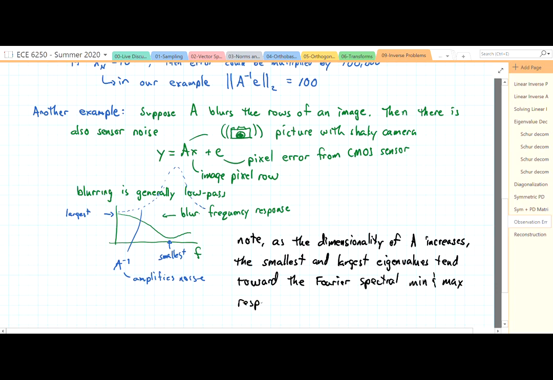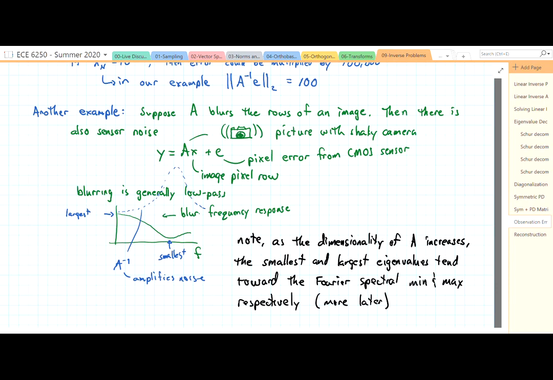We'll talk about that more later. But this is a good way to tie your frequency domain intuition in with what's going on with A. So in general, you can just think about it this way.